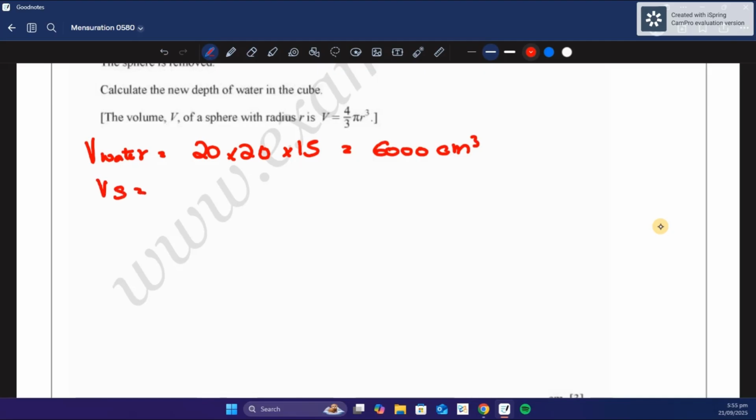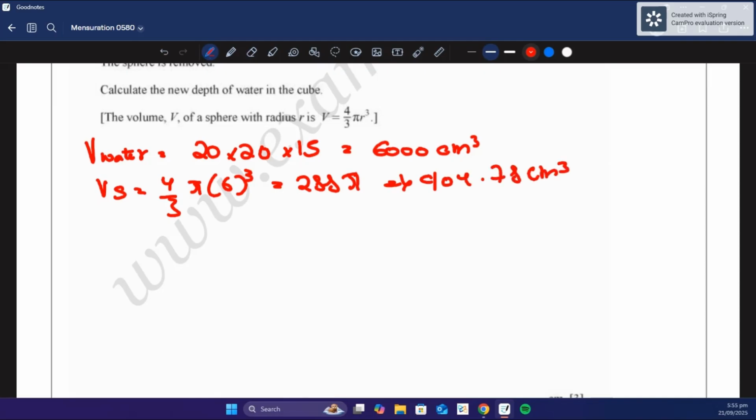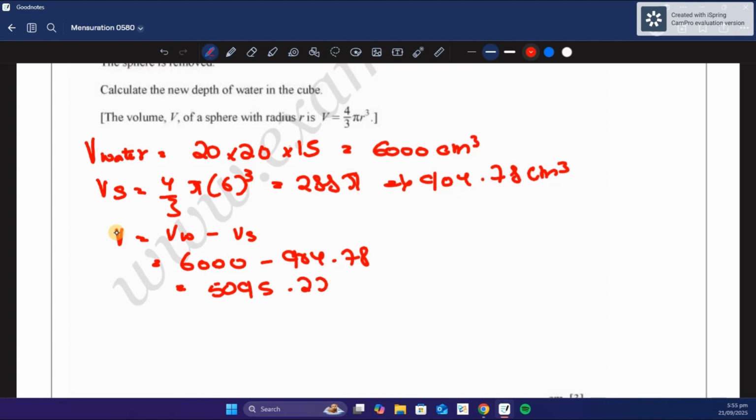That would be 4 over 3 pi 6 cubed, which would equal 288 pi, which is 904.78 centimeter cubed. Now we'll need to subtract the volume of the sphere from the volume of the water. So that would mean 6000 minus 904.78. This should give us 5095.22.